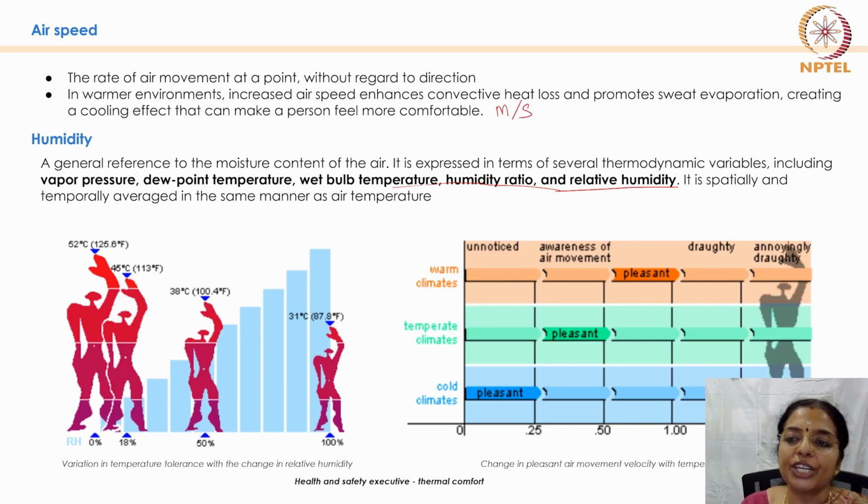It is spatially and temporally averaged in the same manner as air temperature. So air temperature, air speed, humidity, a combination of all this is what you will perceive as the real comforting temperature.